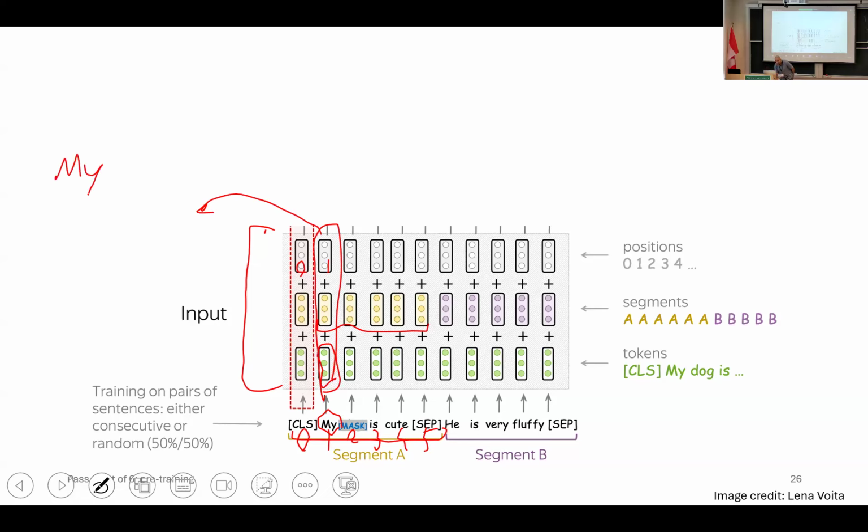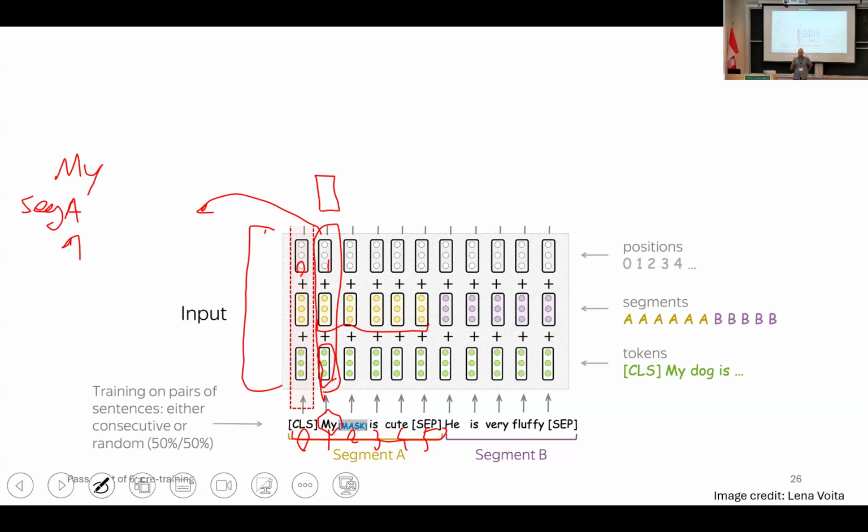We make it a vector using a standard dictionary of, let's say, word to vec. And then we have segment A, and we have the position 1. These 3 together are added and they make this. So that would be a positionally encoded, segment encoded vector corresponding to the word my.